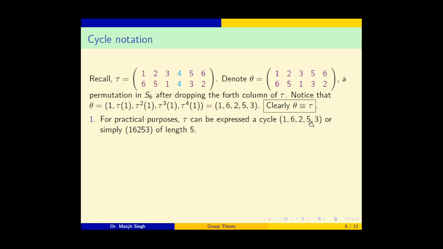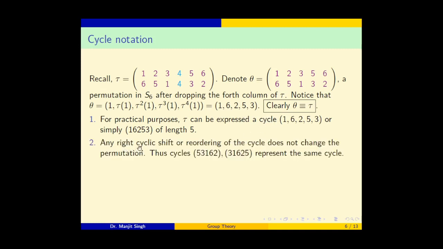And if some elements of S6 or S7 are not in this cycle, it means they have a different moving situation, and they will not share any of these symbols in their moving positions. So cycle notation is very useful.